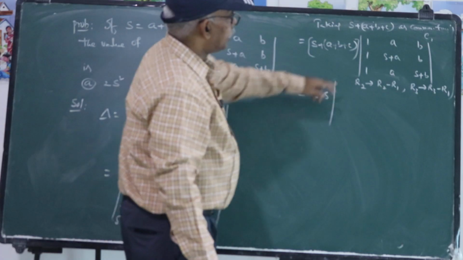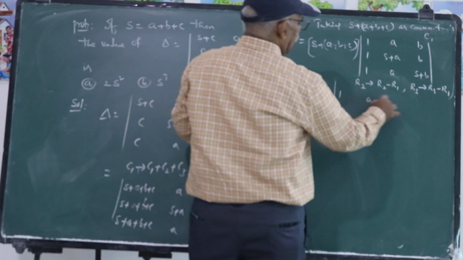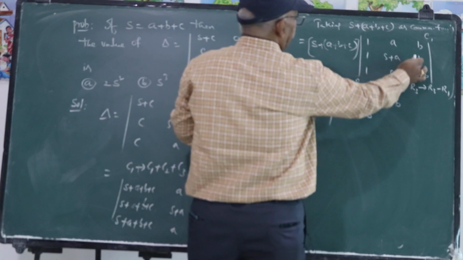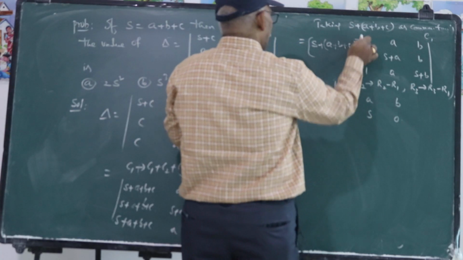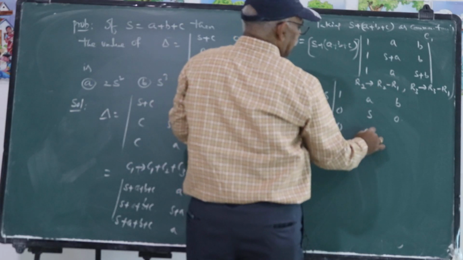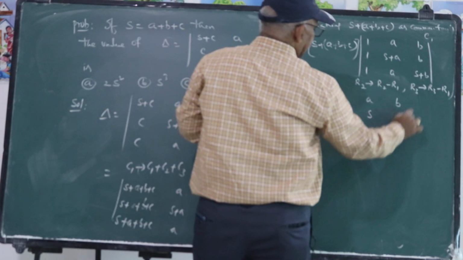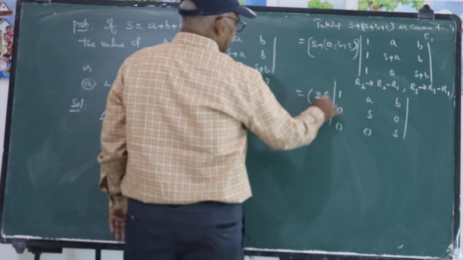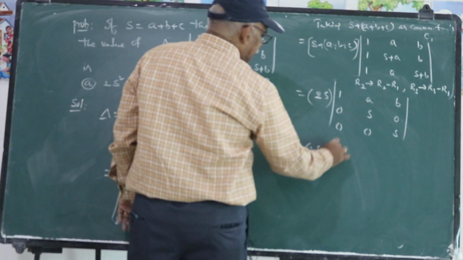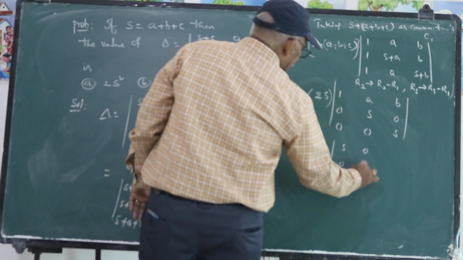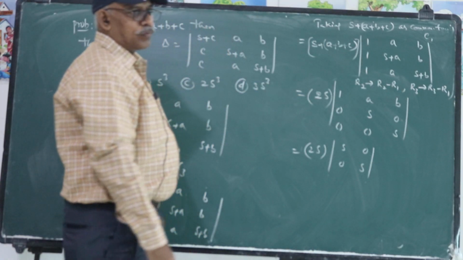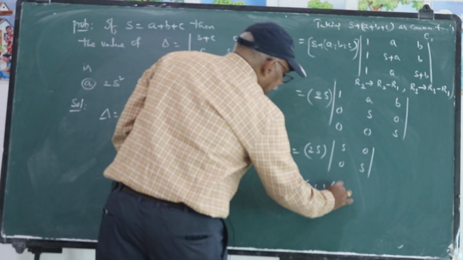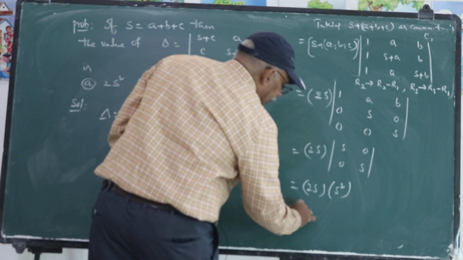Taking the transformations over this determinant, we get 1, A, B; 0, S, 0; 0, 0, S. So we get 2S into the determinant by expanding about the first column, that is 2S into S square by evaluation of this 2 by 2 determinant.